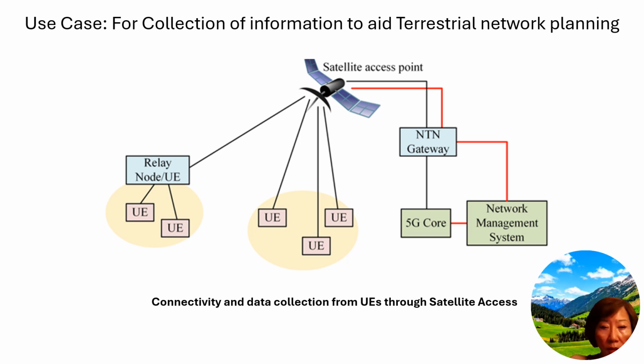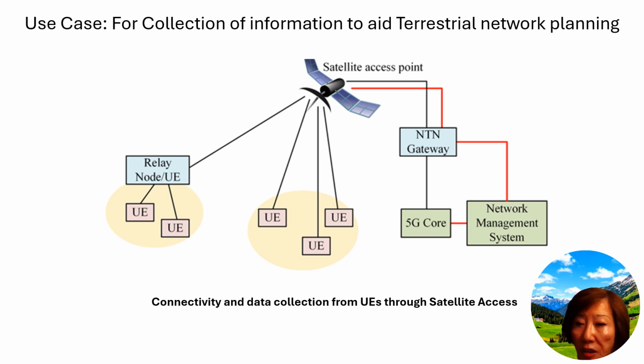So this diagram is illustrating satellite access enabling connectivity for UEs spreading across a very large geographical area. Some UEs connect directly to the satellite, while others connect through a relay node, a relay UE, showing flexibility in network topology.